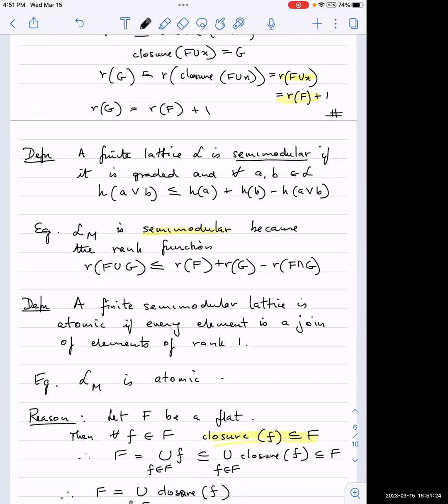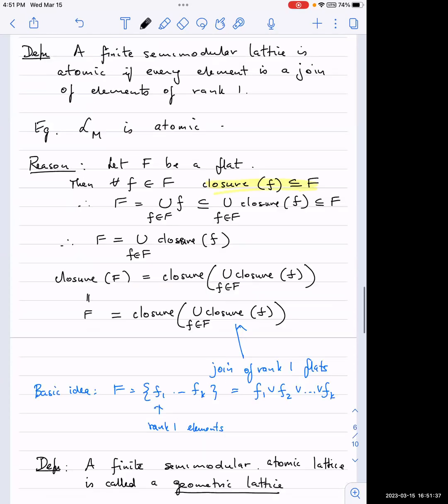Yeah, semi-modular: if it's graded, it has that rank function, which was called heights. For matroids, it's rank levels, right? So that's semi-modular.